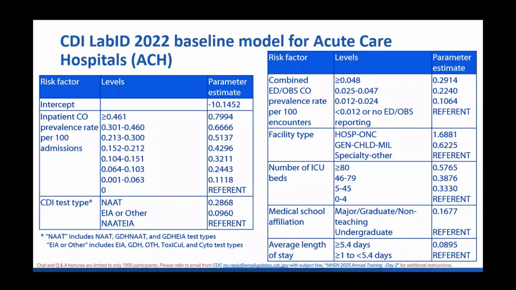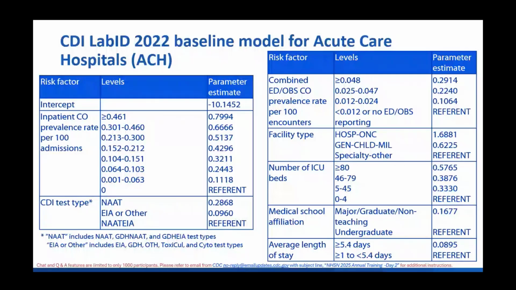So going one row down is the CDI test type. The reference is the NAAT/EIA, with the other 2 test types giving a positive estimate. So they have more risk than the referent. The combined ED-CO rate is broken into 4 levels, with that bottom level being the referent, and then it stair steps up from there.